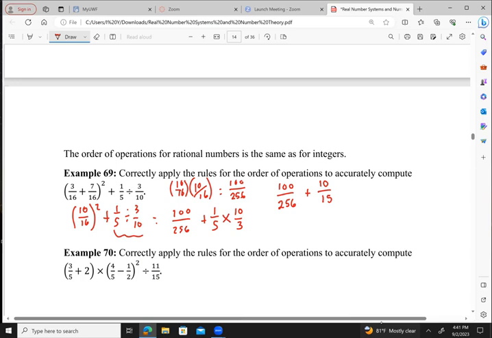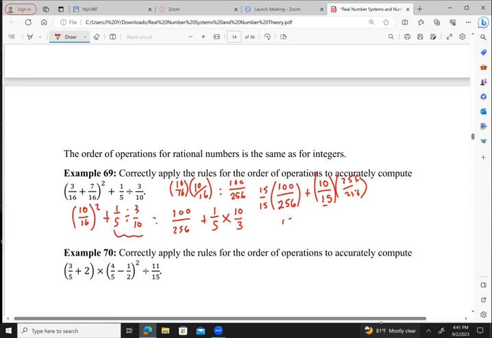Now to continue this in this manner, we need a common denominator. One trick is simply to take this and multiply it by 15 over 15, and this, multiply it by the denominator over the denominator.